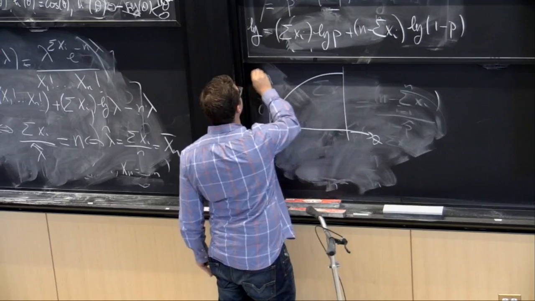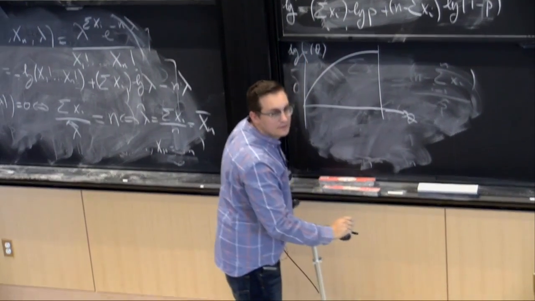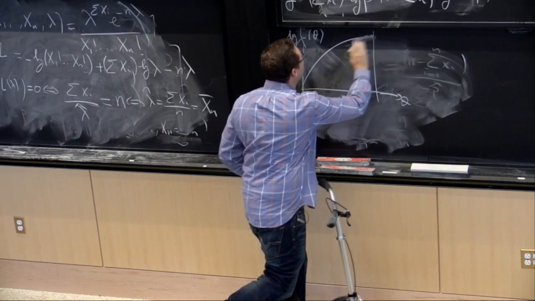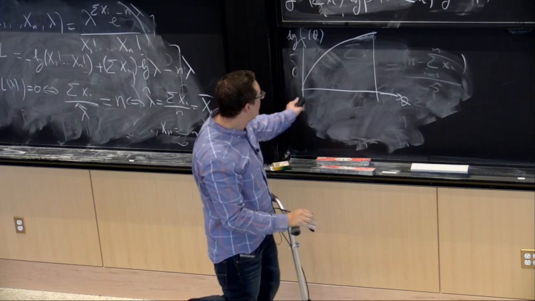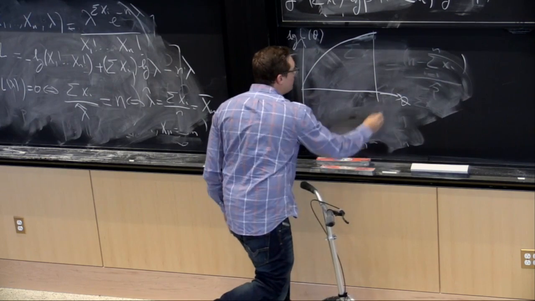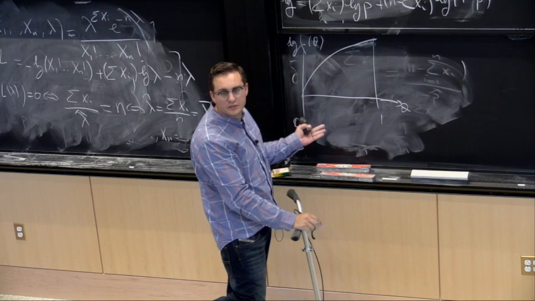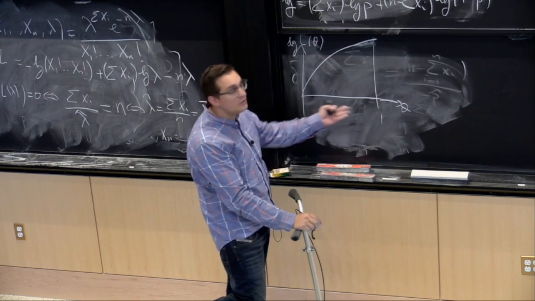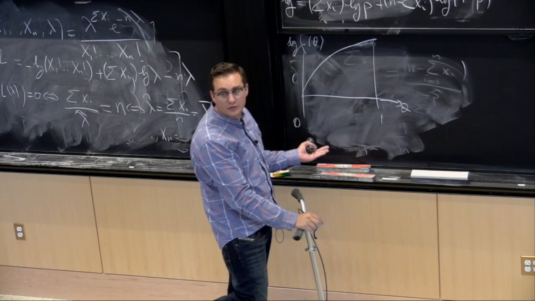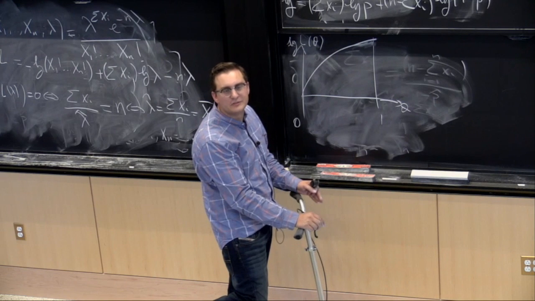Let's say this is my log likelihood as a function of theta, between 0 and 1. There's no place in this interval where the derivative is equal to 0. And if you actually try to solve this, you will find a solution which is not in the interval 0, 1. That's how you know that you probably should not set the derivative equal to 0.